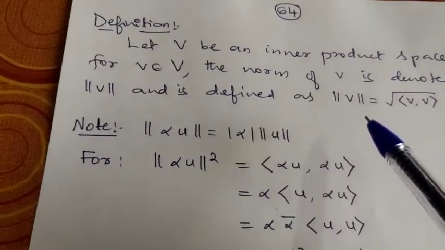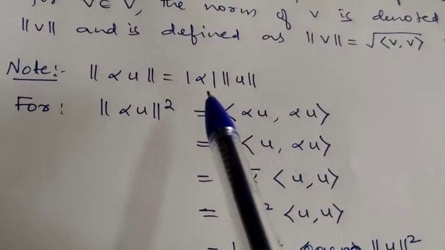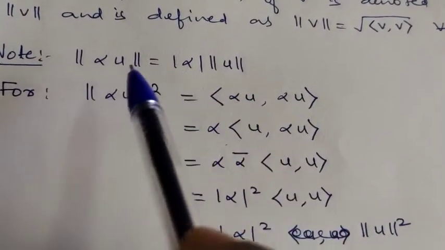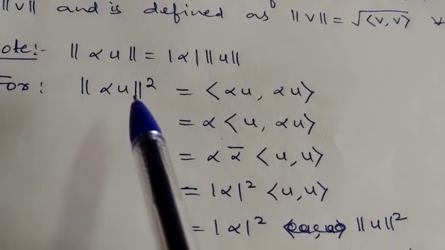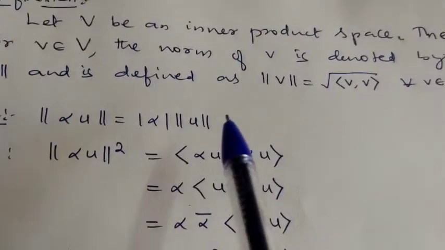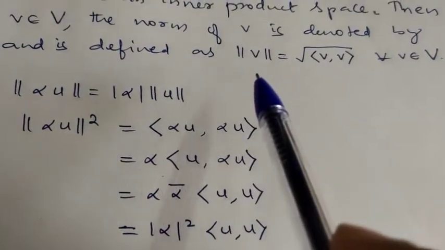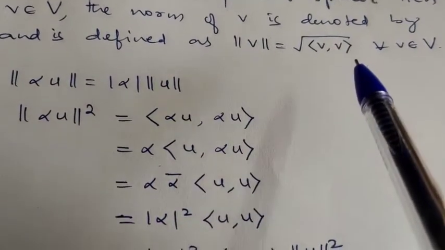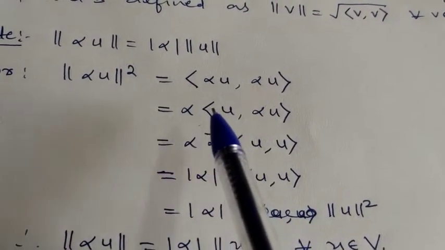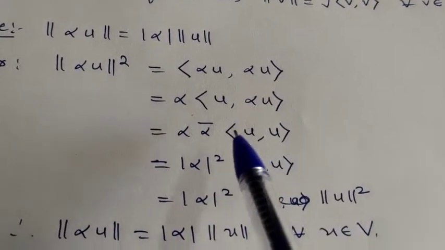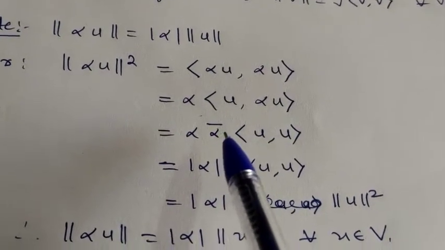Here, the norm of alpha u is equal to mod alpha times the norm of u, where alpha is any scalar. For this, consider the norm of alpha u whole square. The norm of alpha u whole square is ⟨alpha u, alpha u⟩, because the norm of v square is ⟨v, v⟩. Now alpha is in the second component, so when it comes outside it comes with a complex conjugate.